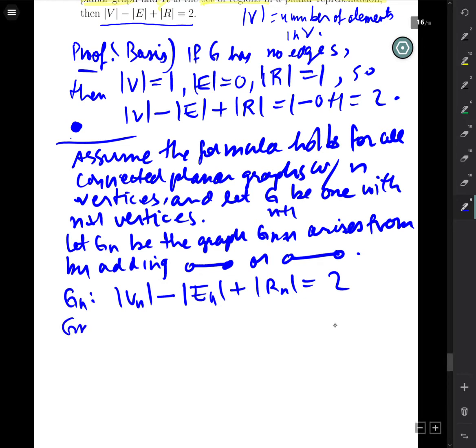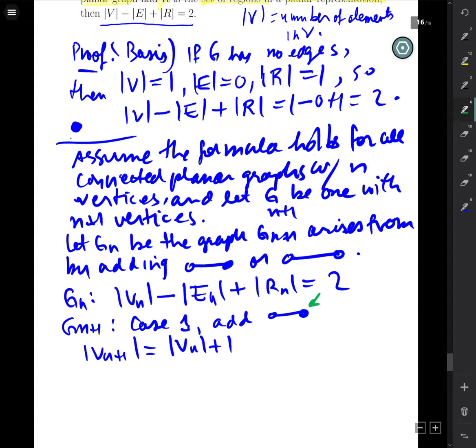For G_{n+1}, the cases are, case 1: we add the edge vertex pair. So that would say that V_{n+1} has one more element than V_n, because we added this vertex right here. And then the number of edges in this case also increased by 1, right?